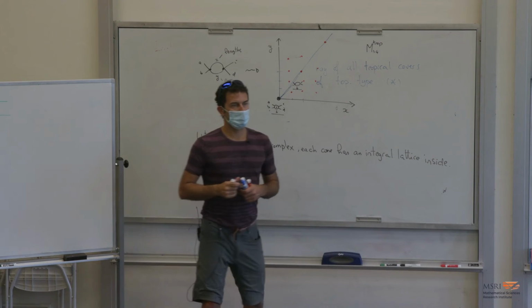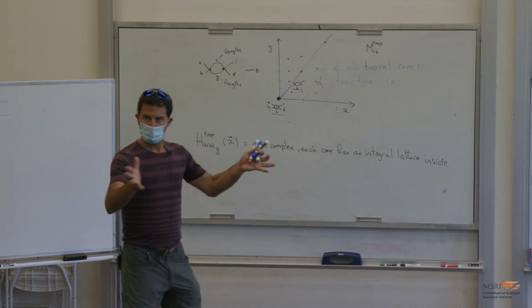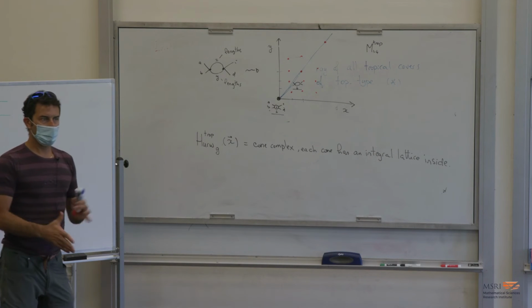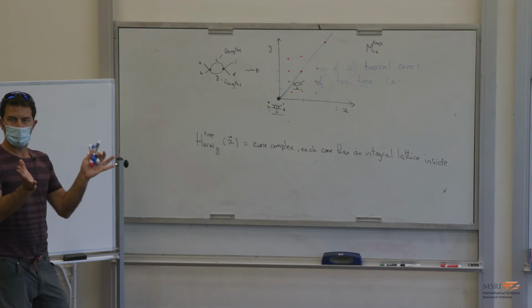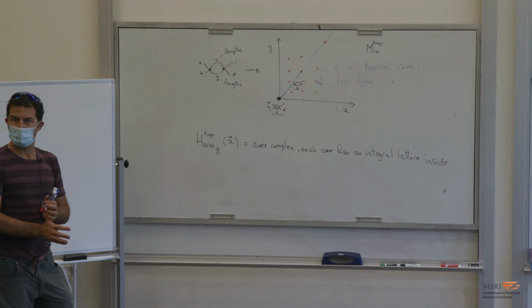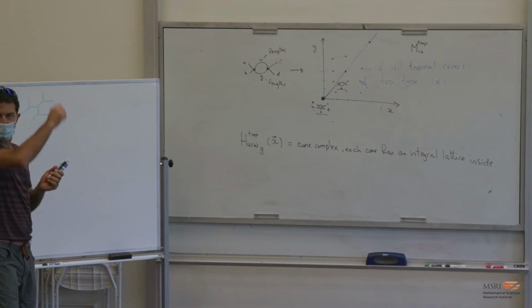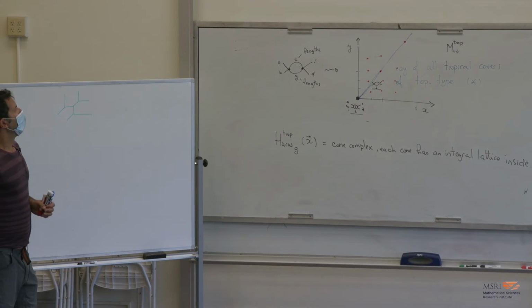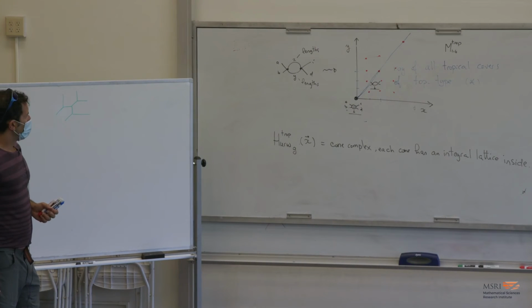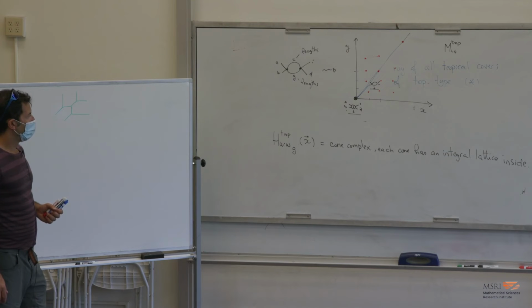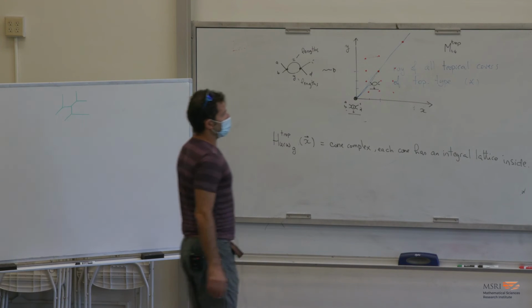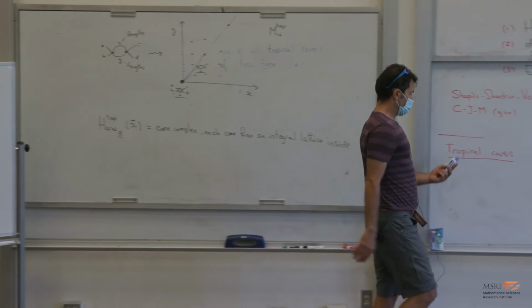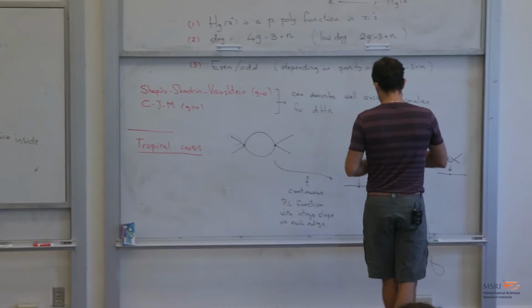So they're not just things that are abstractly isomorphic to positive orthants. You have actually picked an isomorphism. And then you can identify the integral points.